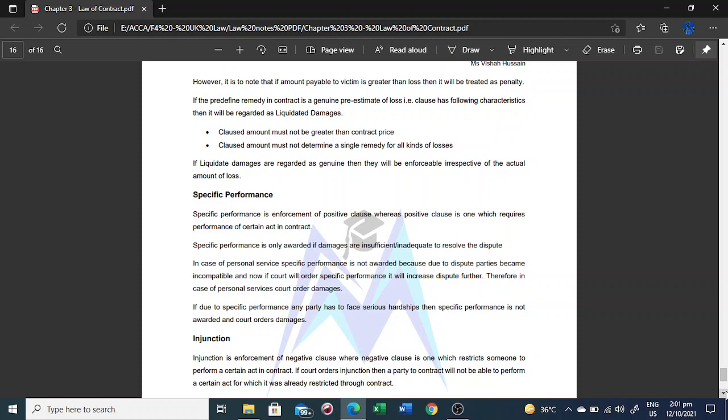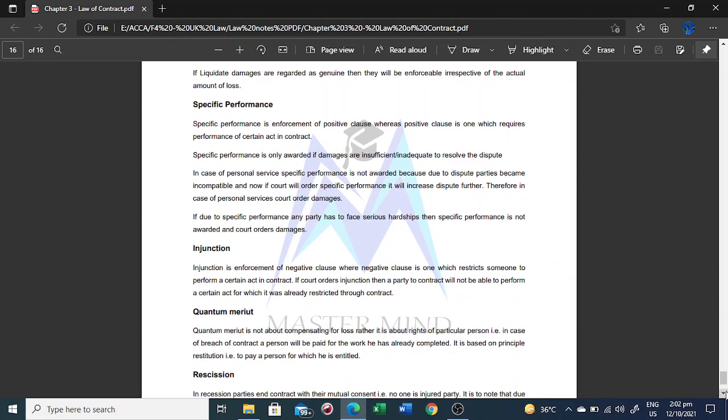Second, the claused amount must not determine a single remedy for all kinds of losses. If liquidated damages are considered to be genuine, only then they will be enforceable. Otherwise, the actual amount of loss will be considered and you will be paying remedies as per that.